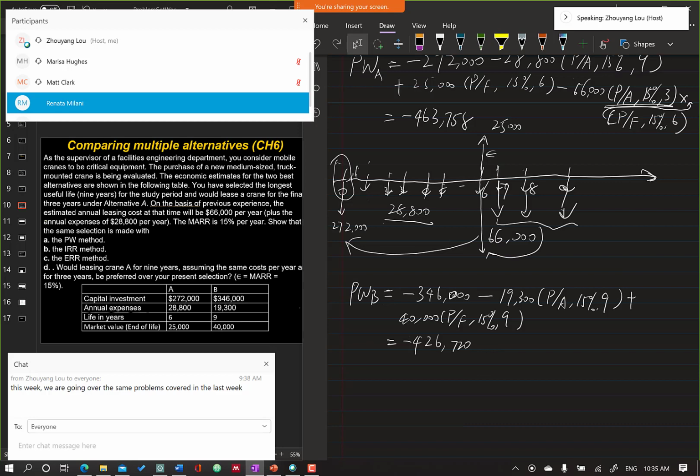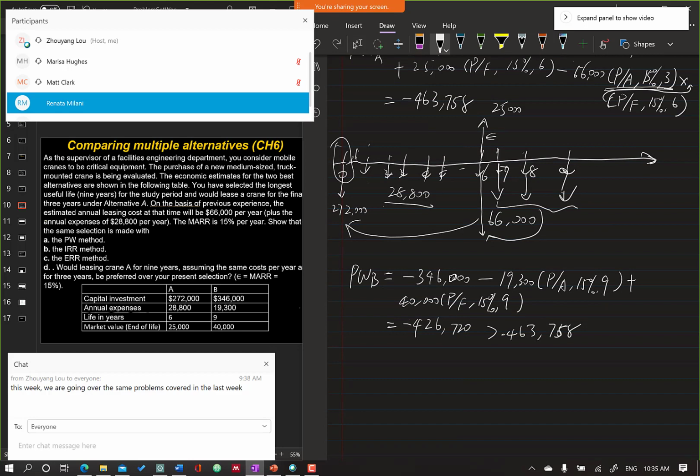Then just do a direct comparison between the present worth of A and the present worth of B. And we'll find this value is greater than minus 463,758. So project B is better.